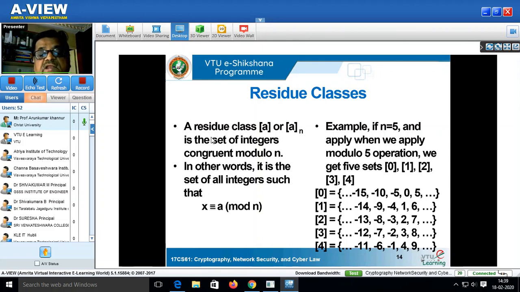For residue 3, using the modular congruence operation with n equal to 5, we get values like minus 12, minus 7, minus 2, 3 and 8. For the class of residue 4, with n equal to 5, we get minus 11, minus 6, minus 1, 4, 9. All these values map to residue 4.